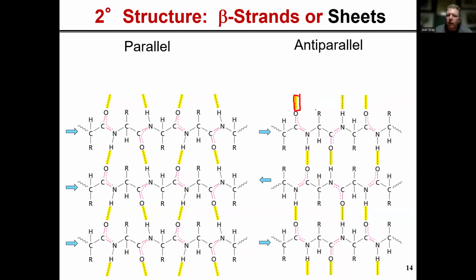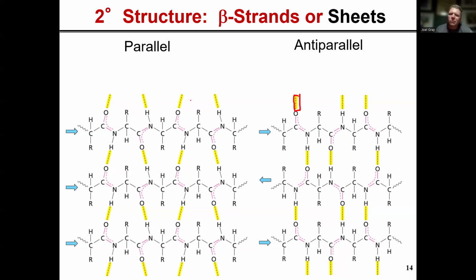The anti-parallel is straight up and down. The parallel is kind of angled. If you think about proximity and strain, if you remember anything from organic chemistry, torsional strain is one of the phrases that I remember.